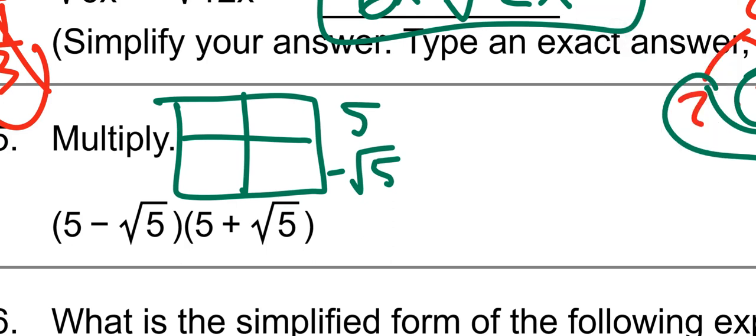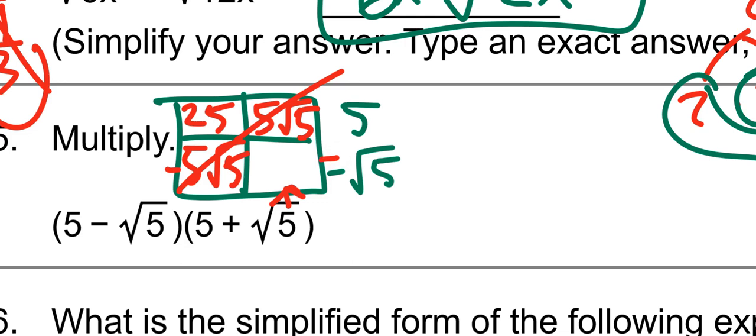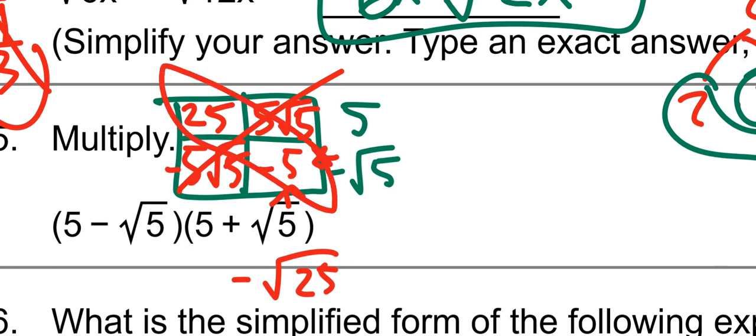Okay, so 5 times 5 is 25. 5 times radical 5, ain't much you can do with that. 5 times negative radical 5, negative 5 radical 5, those cancel. And then what is radical 5 times negative radical 5? If you say negative radical 25, which is correct, what is that? Negative 5. So 25 take away 5. 20.